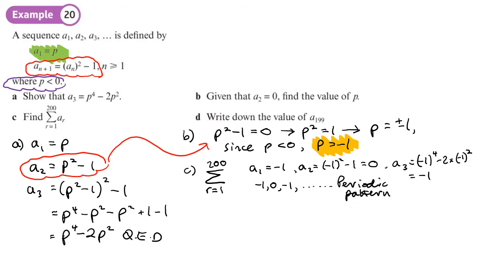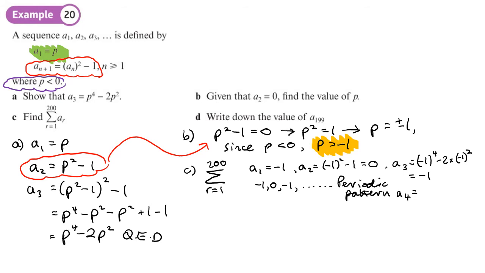Now, just to check that, I'm going to work out what A4 is, and I'm expecting A4 to be 0. Now, this will require a little bit of work. So A4, not A to the power 4, that's going to be our last term, A3, squared minus 1. So I can just now put the numbers in.